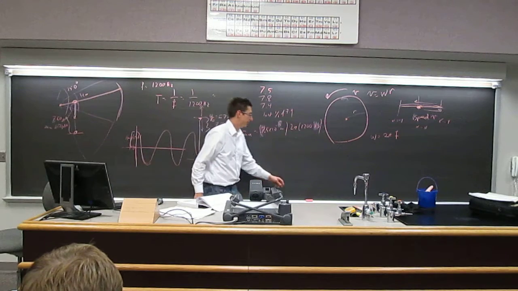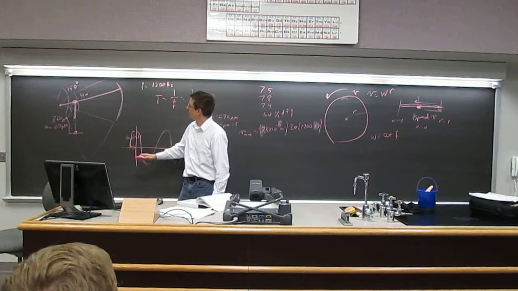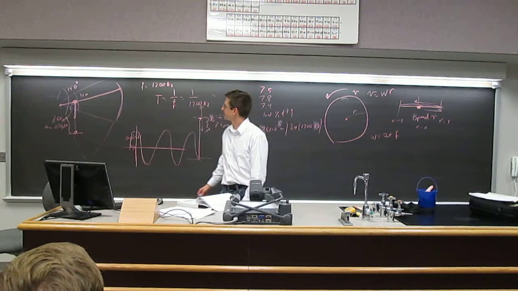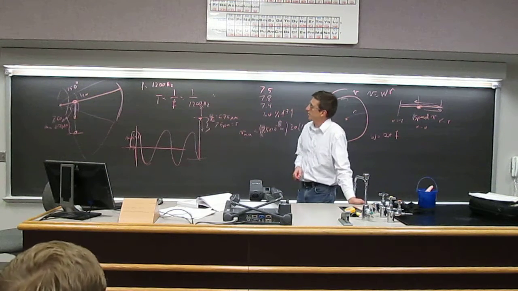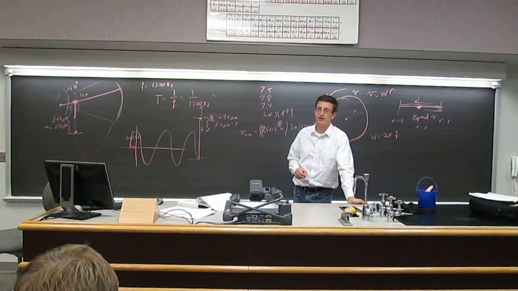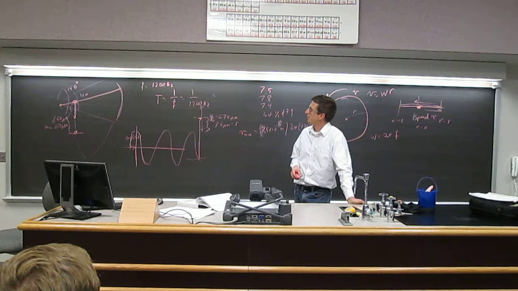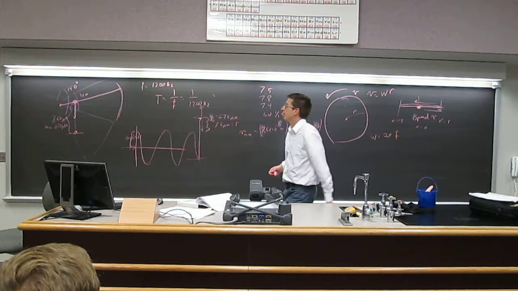Let's see. The tip of this wing goes back and forth, right, like this. How are we going to get that angular velocity? Isn't it just 2 pi over T? Or 2 pi f?